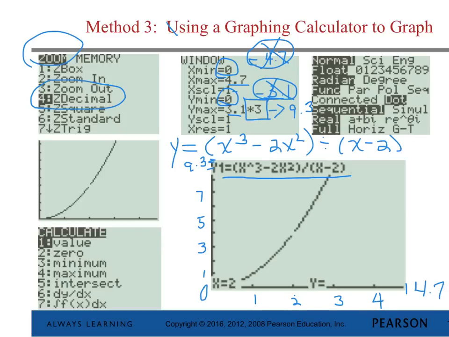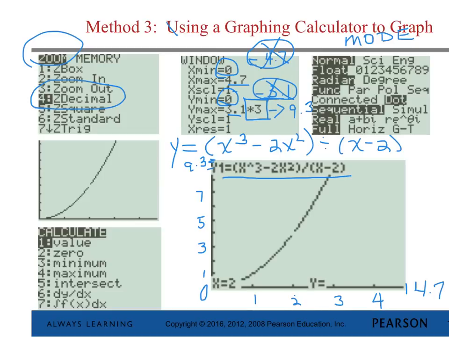So when you graph it, I don't want you to have a connected graph. Next, after you've done this, I want you to press your mode key. M-O-D-E, your mode key. That's not one of the keys across the top. It's on the second row.